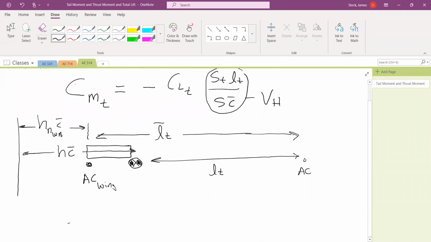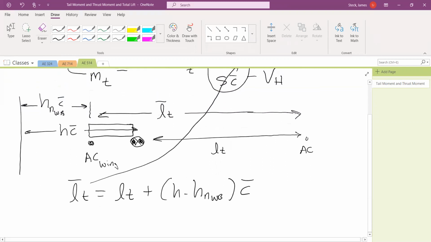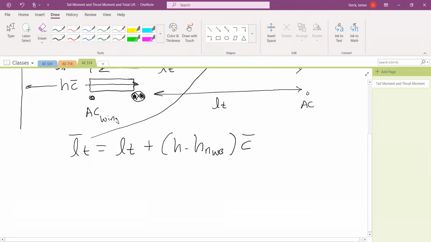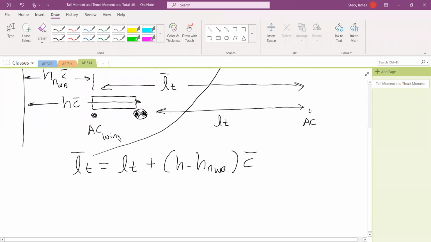So we can write LT bar is LT plus that difference, that extra distance, and then substitute that for LT up here and get an expression for the pitching moment of the tail in terms of this LT bar, this new distance. Let me leave this so you can see it.